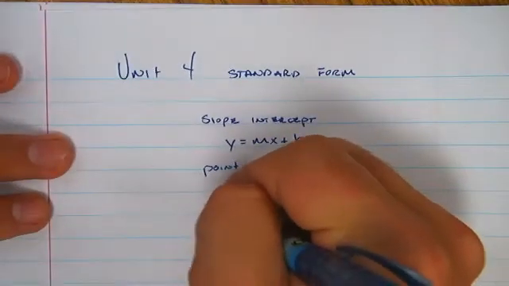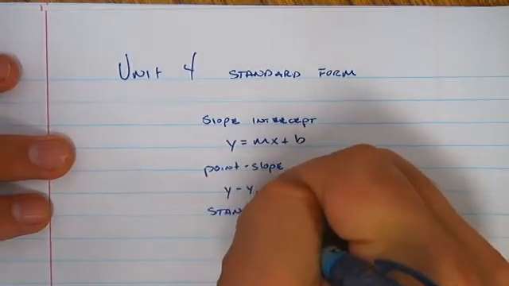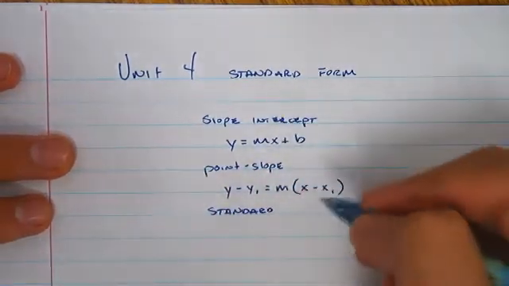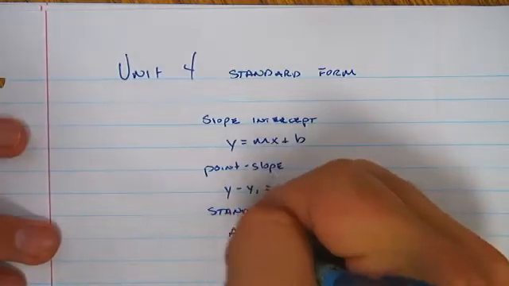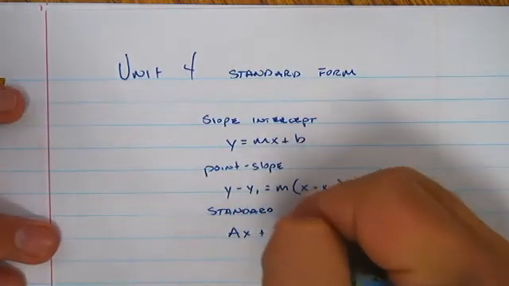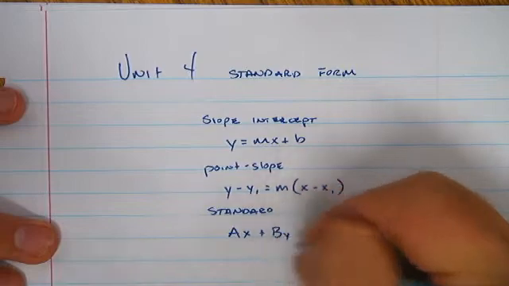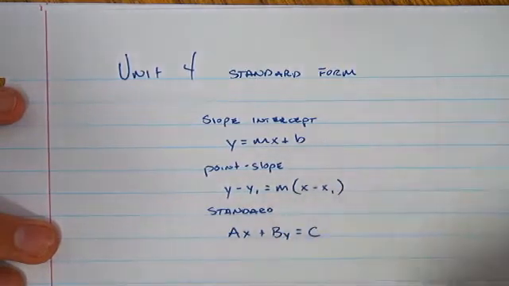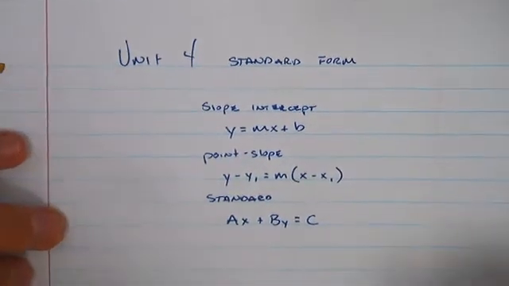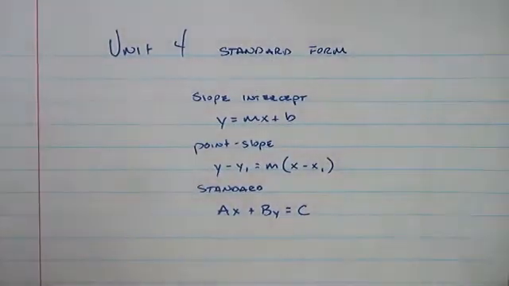And then we had standard. Okay, and standard does have its uses. Standard form really does play a lot into systems of equations, which we will do in, I believe, next unit. But for right now, we're just focused on the form of it, not really the function.